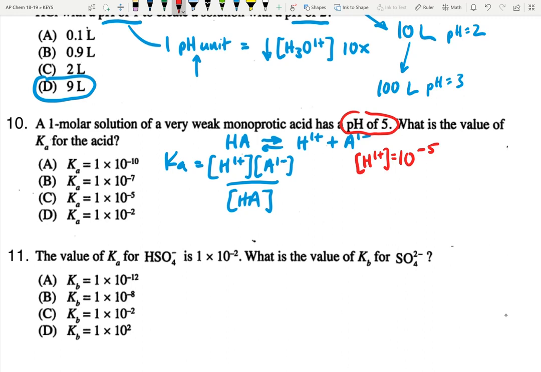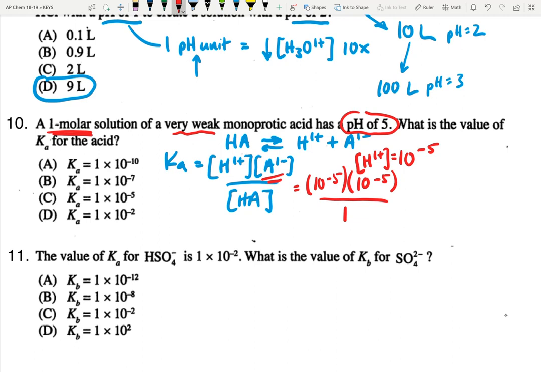If we think about this in a RICE table, we're going to enter 10 to the negative 5, but it's also going to be the concentration of our conjugate base, because those are formed in a 1-to-1 ratio at the same rate, one of each. And in the bottom, we're going to have a 1 molar solution of our acid. Since it's very weak, the X is negligible when we take it away from that 1 molar solution, so essentially this is still 1.